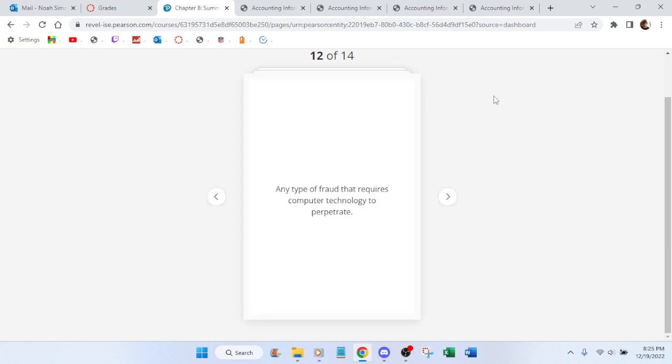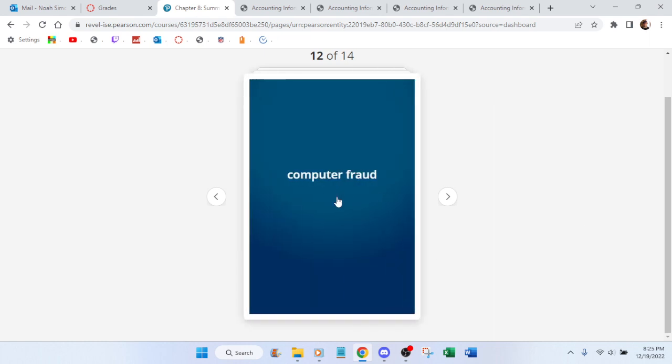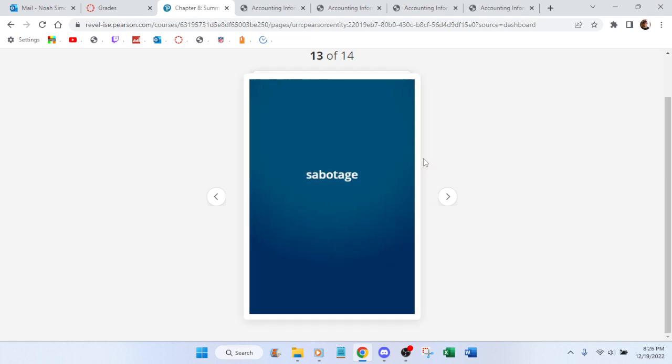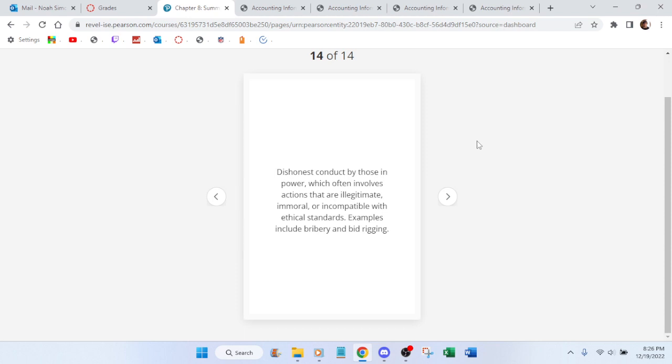Any type of fraud that requires computer technology to perpetrate: computer fraud. An intentional act where the intent is to destroy a system or some of its components. Dishonest conduct by those in power.